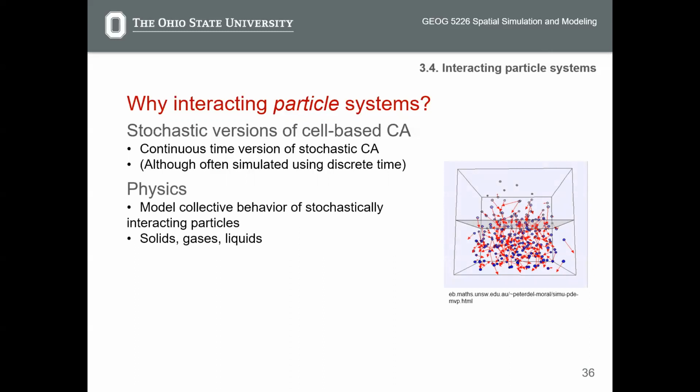And IPS can be used to simulate physical phenomena. For example, on the right side, we have this box or room. There is a board in the middle of the room, and in the upper half of the room we have gray particles, mainly. But in the lower half of the room, we have blue particles. We have small arrows addressing the moving directions of each particle here.